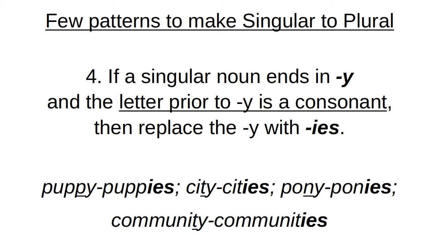Here P is coming prior to Y. P is not a vowel, it is a consonant. So we replace the Y with IES, puppies. Understood? Similarly, city, cities, community, communities, pony, ponies.